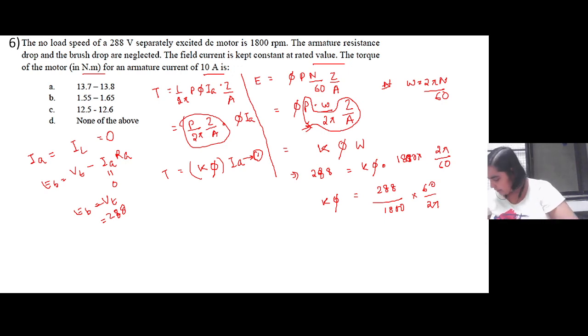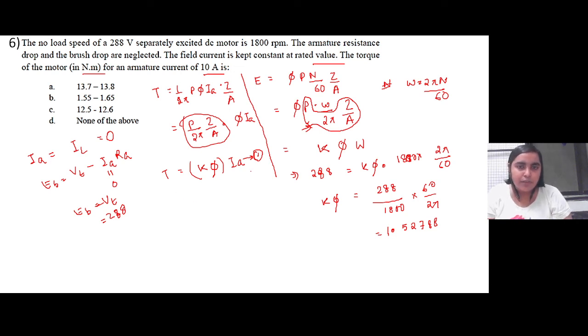So let us calculate k phi. It is 228 by 1800 into 60 by 2 pi. This comes out to be 1.52788.